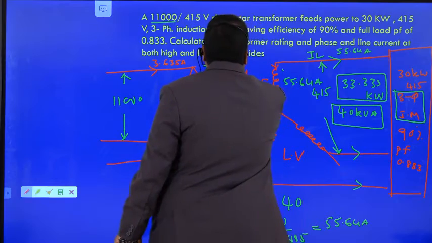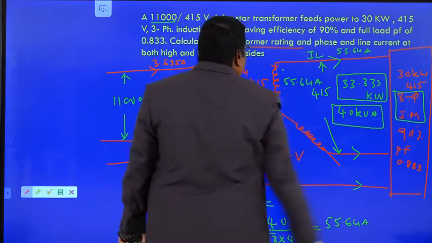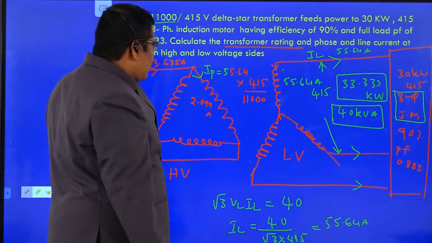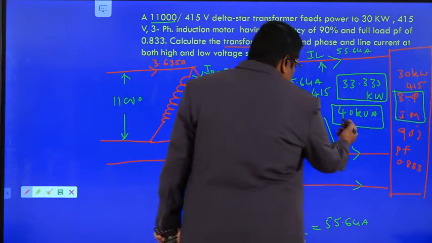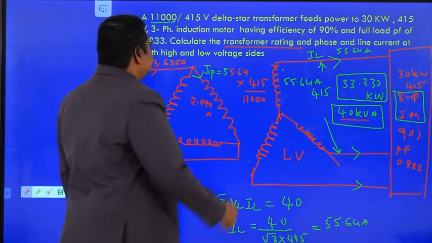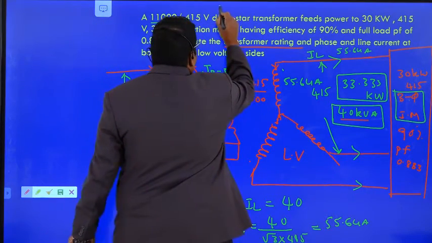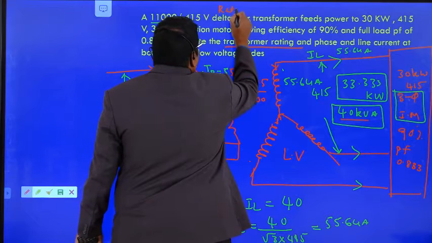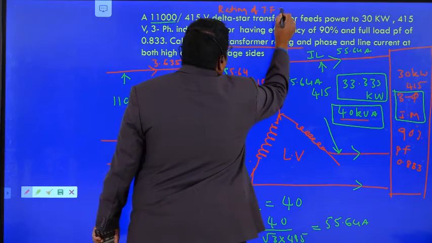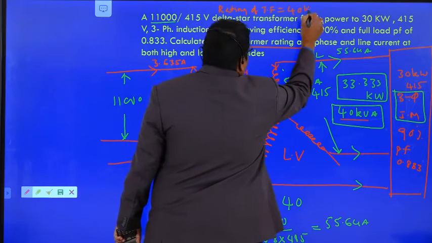Transformer rating. The rating of transformer should be equal to 40 kVA. So the rating of transformer, here I am writing, is 40 kVA.